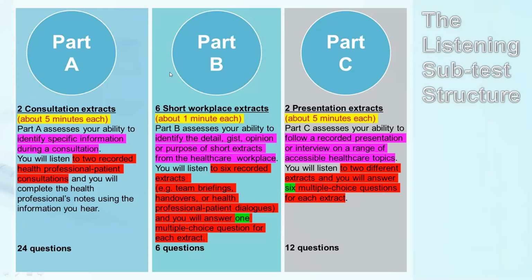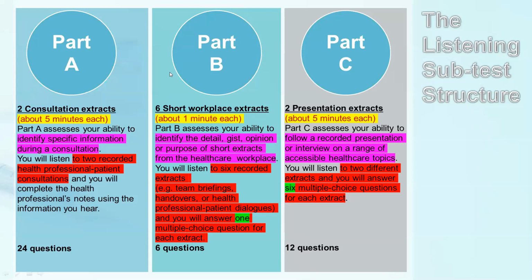In the last part of this subtest, Part C, you have 2 presentation extracts, about 5 minutes each. Part C assesses your ability to follow a recorded presentation or interview on a range of accessible healthcare topics.